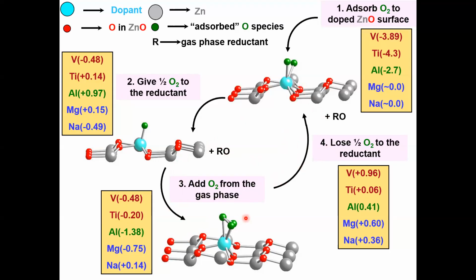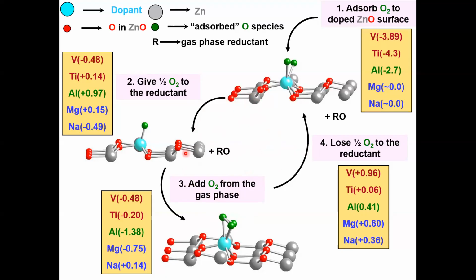Again, Sabatier tells you that if you want a good oxidation catalyst, all these steps should have low activation energies. If this step is very facile, that's not going to make you a good oxidation catalyst, just a good oxidant. For a catalytic cycle, all these steps have to be balanced.